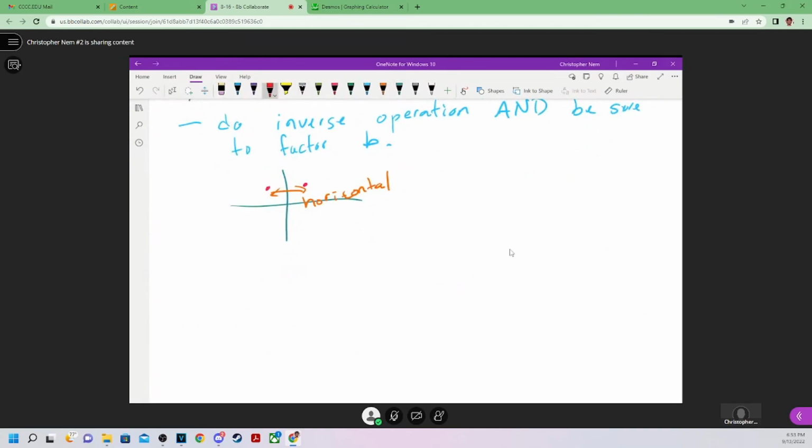Now, let's suppose I had some crazy function, for example, f of x equals, let's say, negative 3 over x minus 4, plus 2. This is where it can get slightly difficult, because we're combining multiple things together.